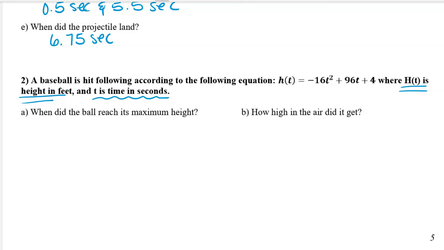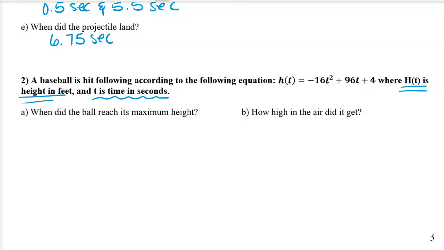Okay, good reading. Thank you. Val, can you help me read part A, please? Good. So Val, what are we looking for when the question asks us when did the ball reach its maximum height? Is it the K value, students, of your vertex? No? What is it, Sophia? When represents input or output? Input, because that's time, okay?